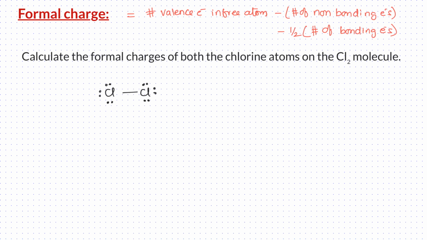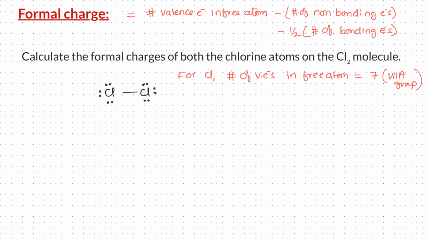According to the formula, the formal charge of an atom is equal to the number of valence electrons in a free atom, that is, the chlorine atom in its free state or non-bonded state. As we know, chlorine belongs to group 7A, therefore it has 7 valence electrons in its free state.